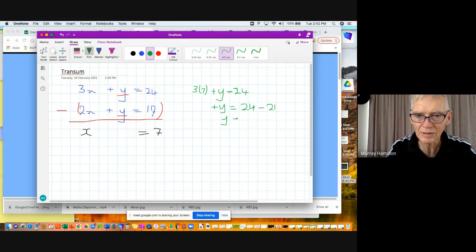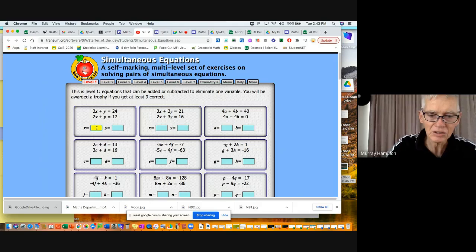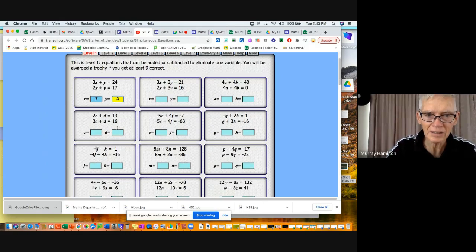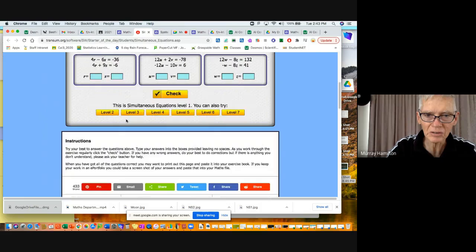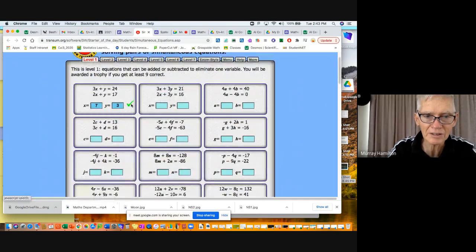We don't have to worry about the positive there. Right. So we've got y equals 3, x equals 7. So you go back to Transum, you type in 7, you type in 3, and later on you can check your answers and see we've got it correct. Okay, so you get instant checking.